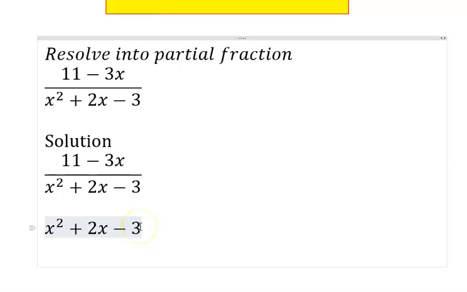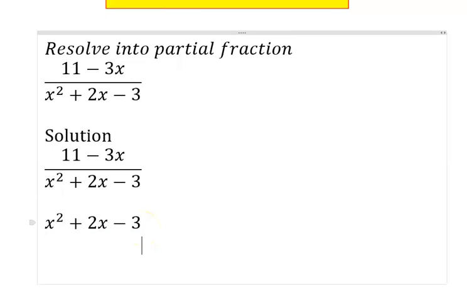You need the product and the sum. Now for product, it means you are multiplying what you have at the extreme right and what you have at the extreme left together. So let's say for product, our product will be what?